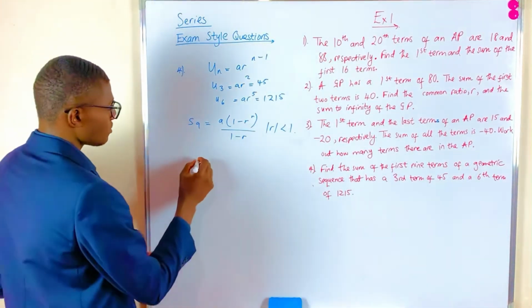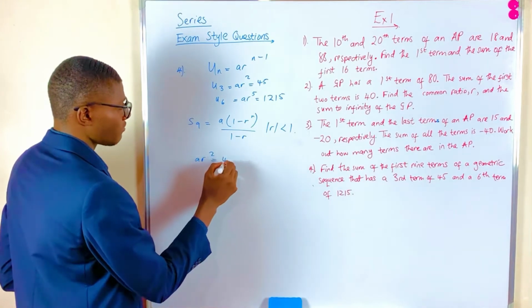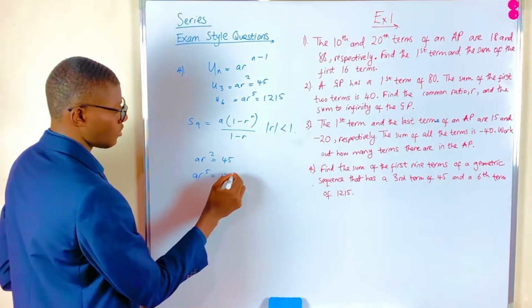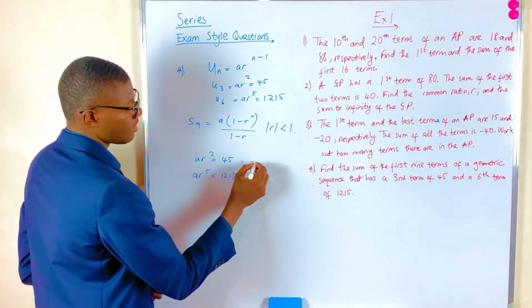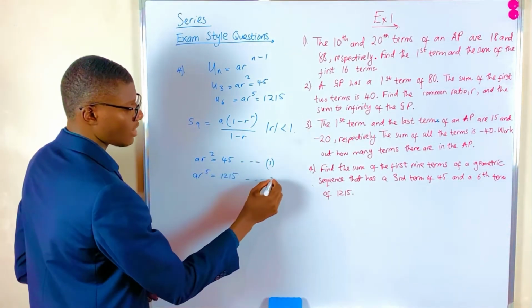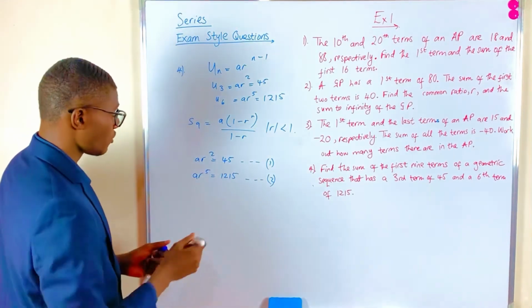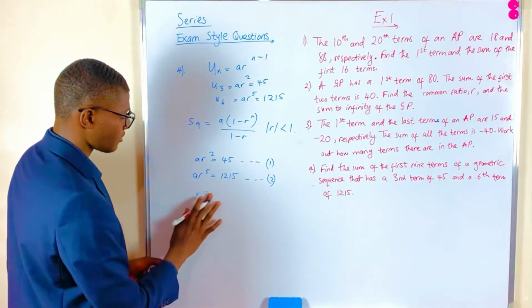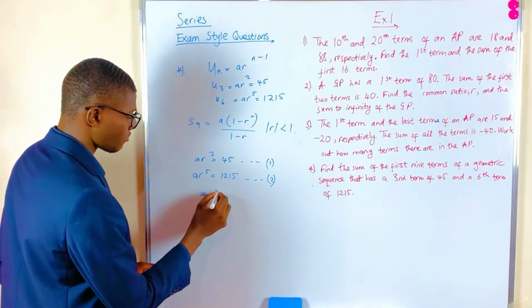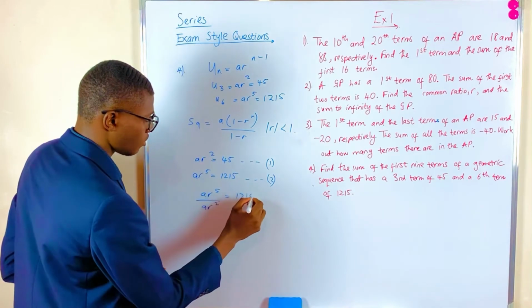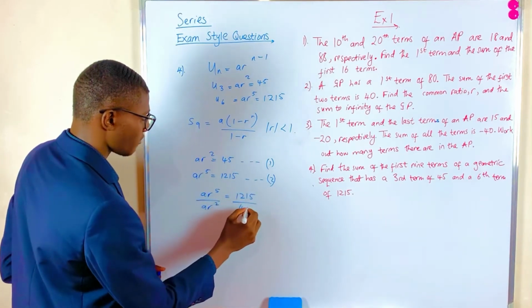So we're going to use AR squared is equal to 45, and AR to the power of 5 is equal to 1215. If this is equation 1 and this is equation 2, we divide equation 2 by equation 1. We're saying AR to the power of 5 over AR squared should be equal to 1215 over 45.